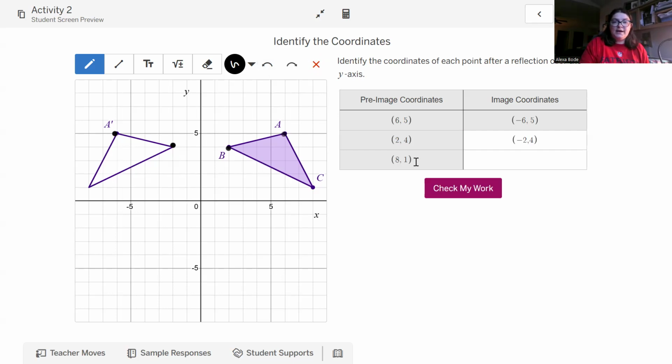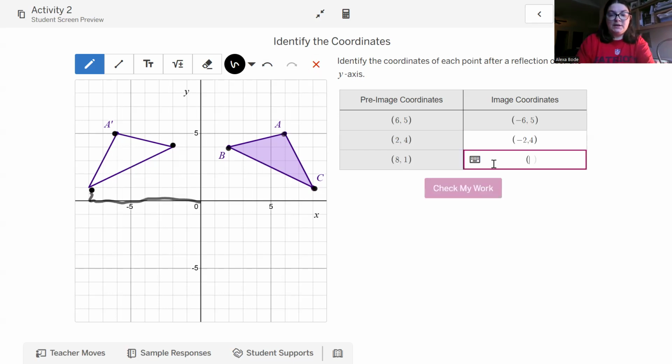And then the third point, 8 comma 1. Point C is over 8 and up 1. So C prime on the other side over here is over -8 and up 1. So this point would be -8 comma 1.